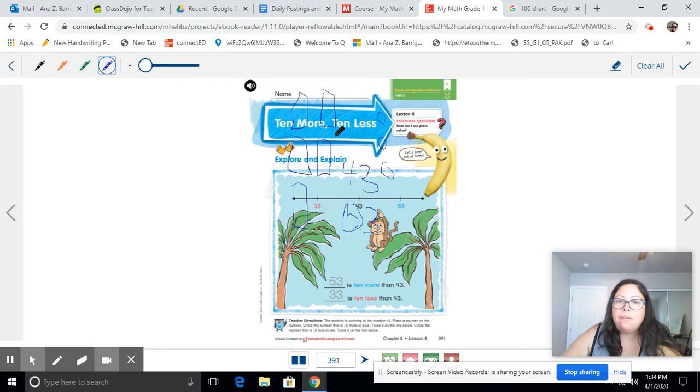So now I have 53. If I took this away, it would be 10, 20, 30, 40, 41, 42, 43. But with 10 more, one more group of 10, then I have 10, 20, 30, 40, 50, 51, 52, 53. So that is what 53 is, 10 more than 43.